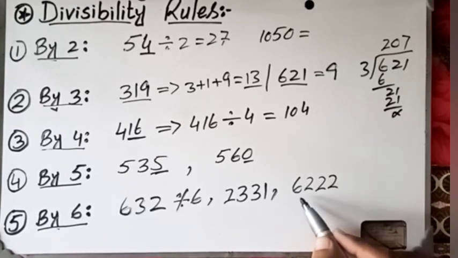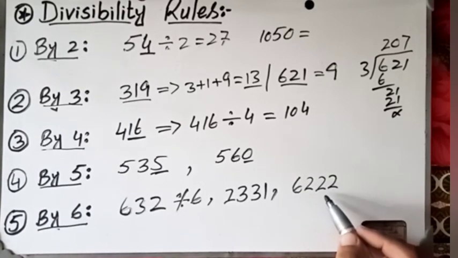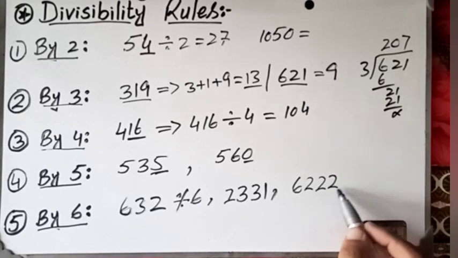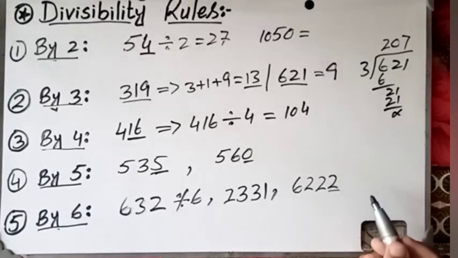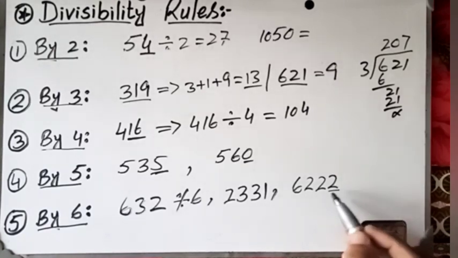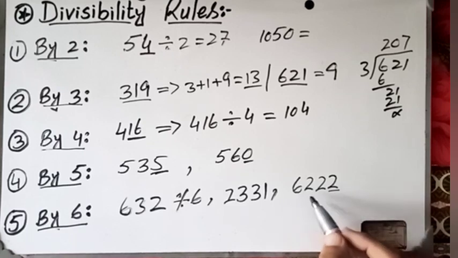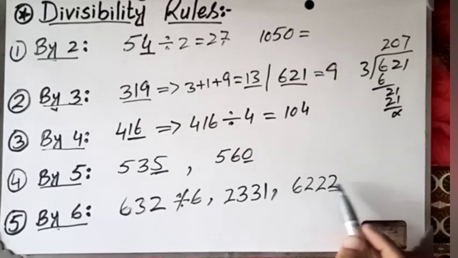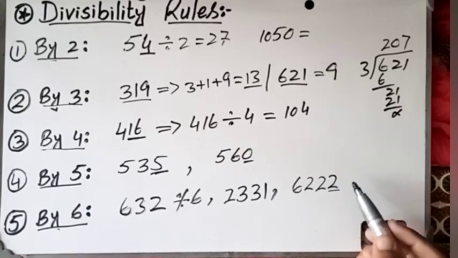Now we have an example which is divisible by 2 and divisible by 3 as well. You can see its unit digit is 2, it is simply an even number, so it could be divided by 2. And the sum of its digits is 6 plus 2 is 8, 8 plus 2 is 10, 10 plus 2 is 12. 12 is a multiple of 3, which can be divided by 3.